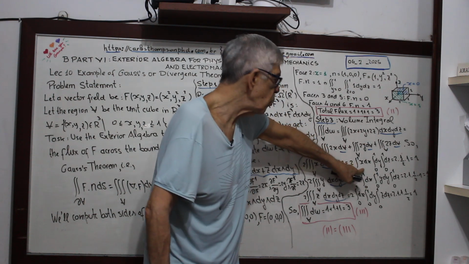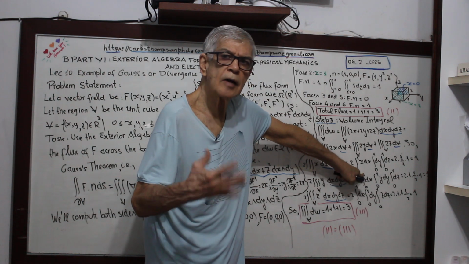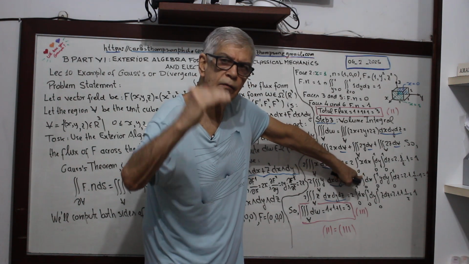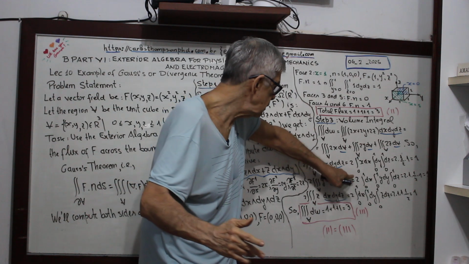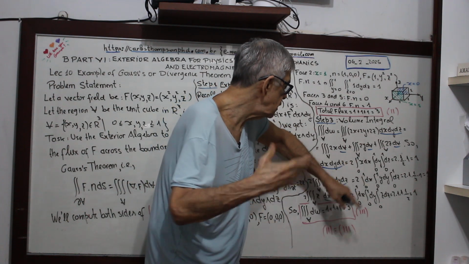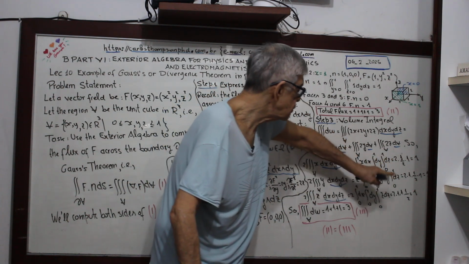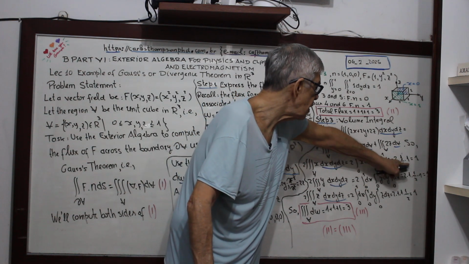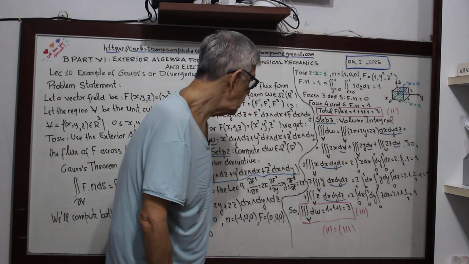This is 1/2, because the integral of x dx is x² divided by 2, between 0 and 1, which leads to 1/2. So I have 2 times 1/2 times 1, which is 1.